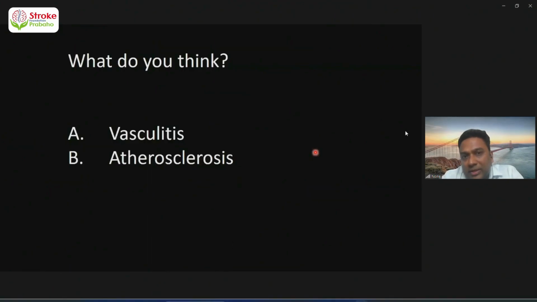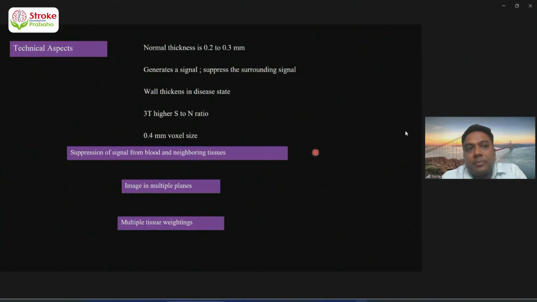So the question really here is, is it vasculitis or atherosclerosis? To answer this question, we have to go through the entire pathology, pathogenesis of various conditions, and then finally we'll come to this case to know whether this is vasculitis, whether we are right in starting steroids in this particular patient or not.